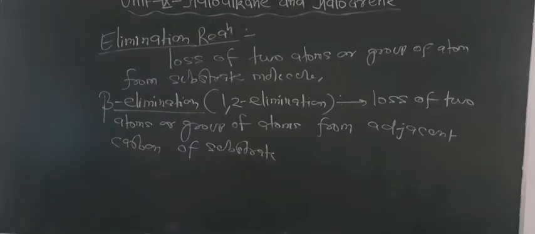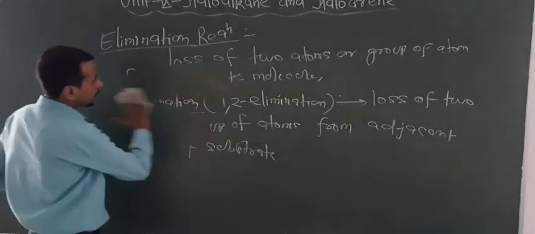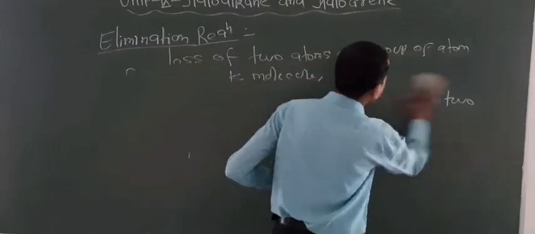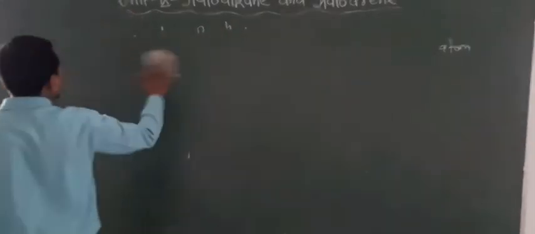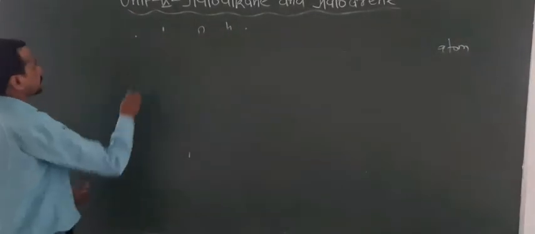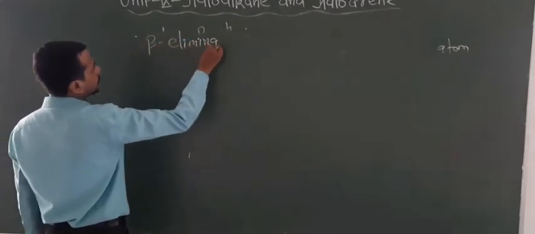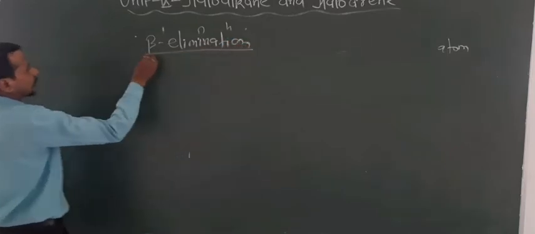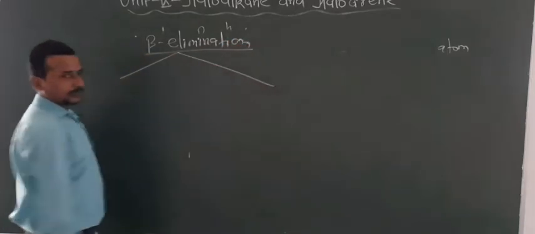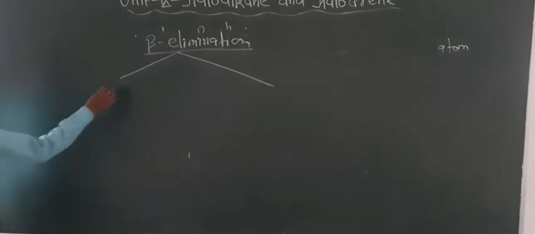Now dear students, this is basically of two types: one, acid catalyzed dehydration of alcohol, and one, base catalyzed dehydrohalogenation of alkyl halides. So now look at here what happened basically in case of beta elimination. This you have to read in alkyl halides and also in alcohol.